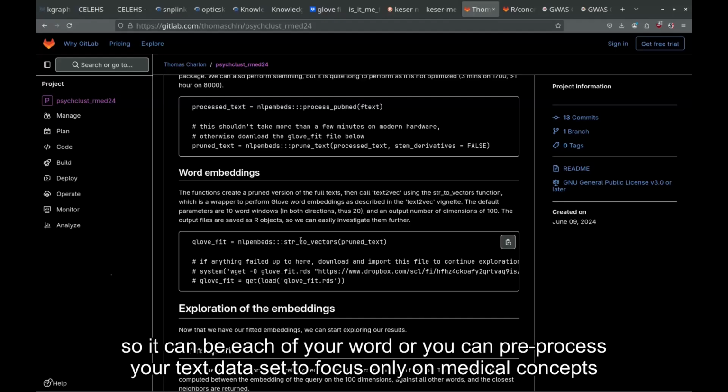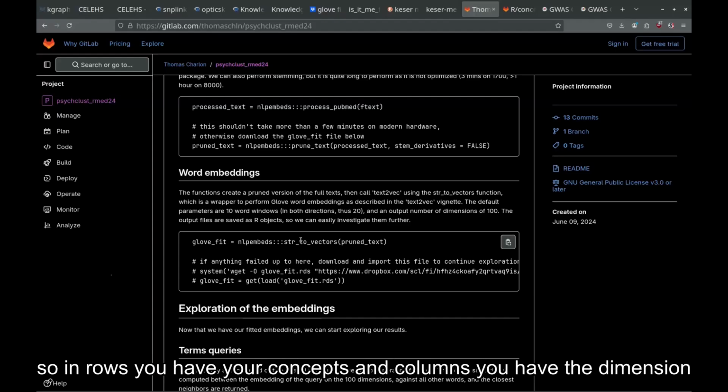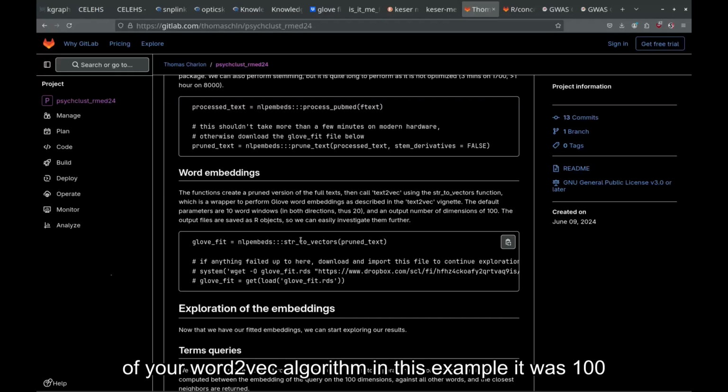It can be each of your words, or you can pre-process your text data set to focus only on medical concepts. In rows, you have your concepts, and in columns, you have the dimensions of your Word2Vec algorithm. In this example, it was 100.